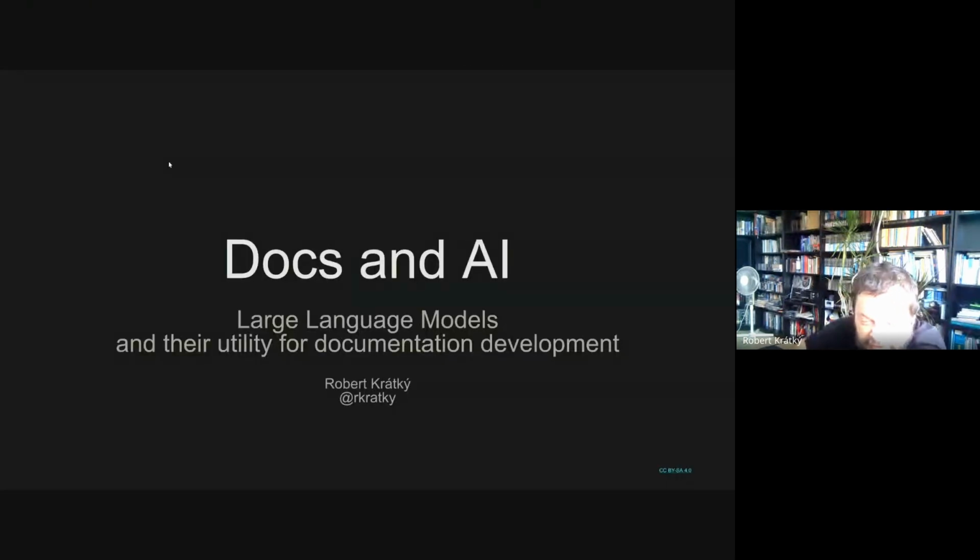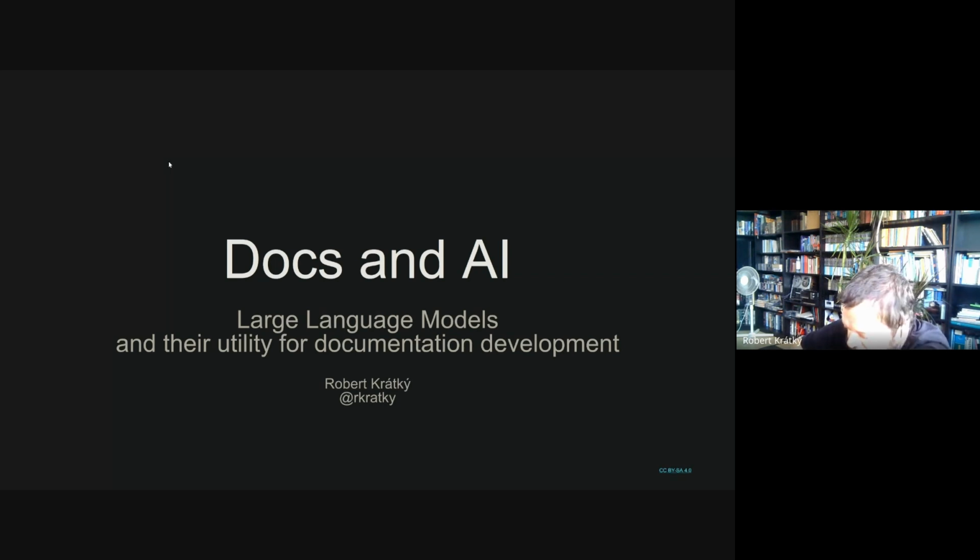All right. So I'm going to be talking about documentation and artificial intelligence, and more specifically about large language models, or LLMs. Of course, I'm pretty sure that everyone's aware of the explosion that has been happening these past couple of years. The technology has existed before, but with the advent of OpenAI and their ChatGPT, this has really gotten into the mainstream.